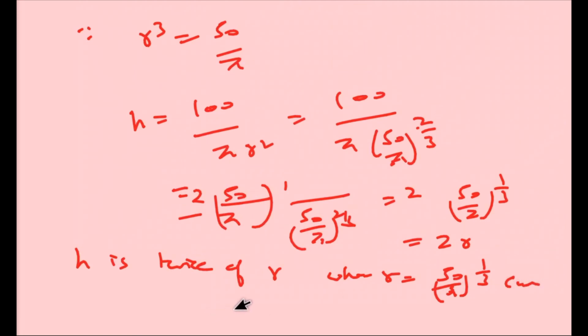This is your dimensions. Okay, so this is your required answer. Now this way, student, you can solve so many questions about cylinder, cone and other solid things. Right, student? One more question I want to explain you.